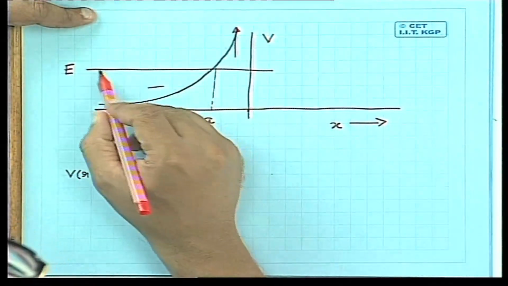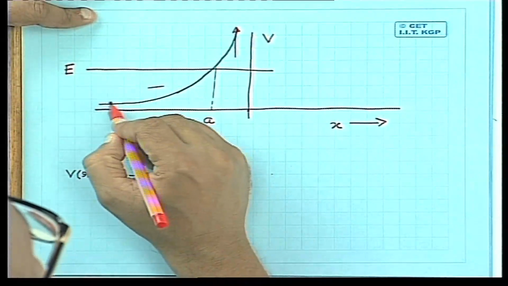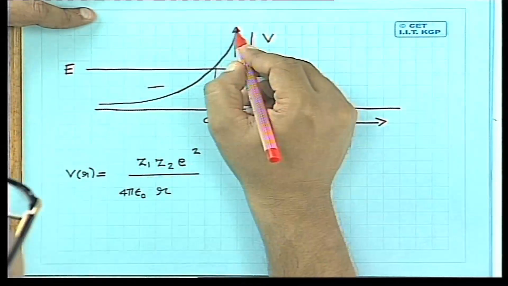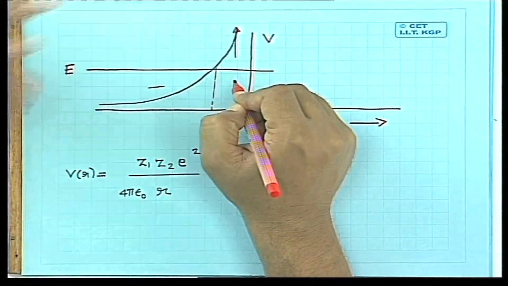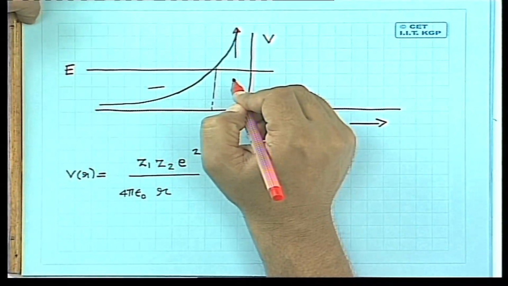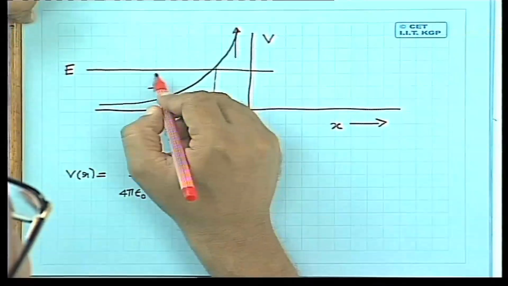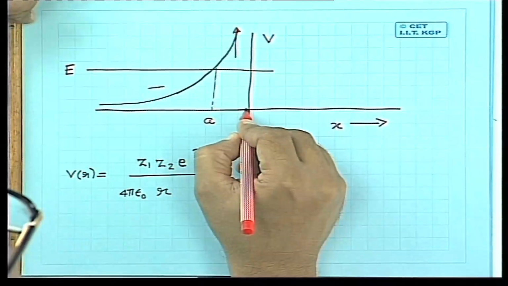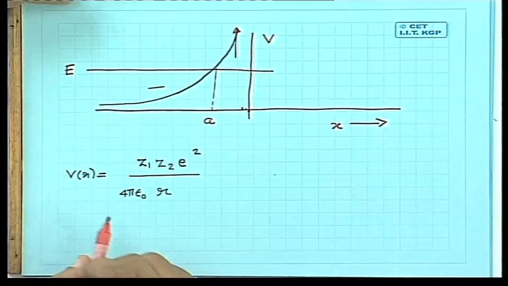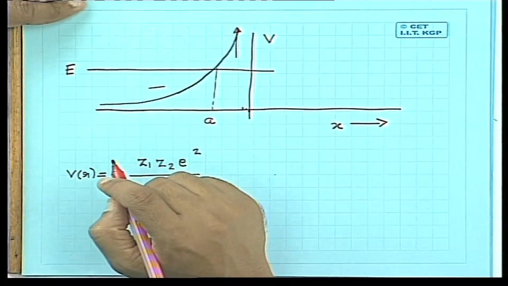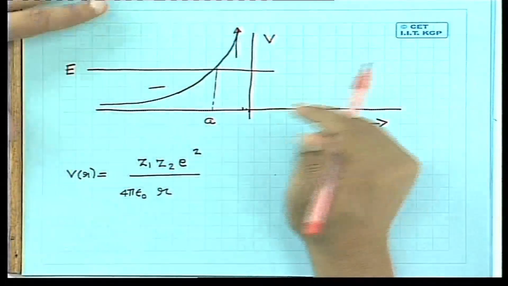But if the incident particle can overcome this repulsive potential and get within the range where the nuclear forces start acting, which is inside the nucleus, somewhere very close to the origin, then the nuclear forces start acting and the nuclear forces are attractive.